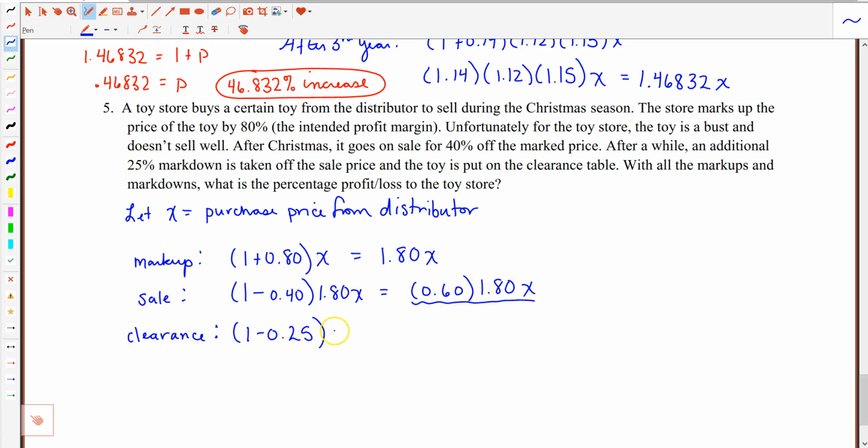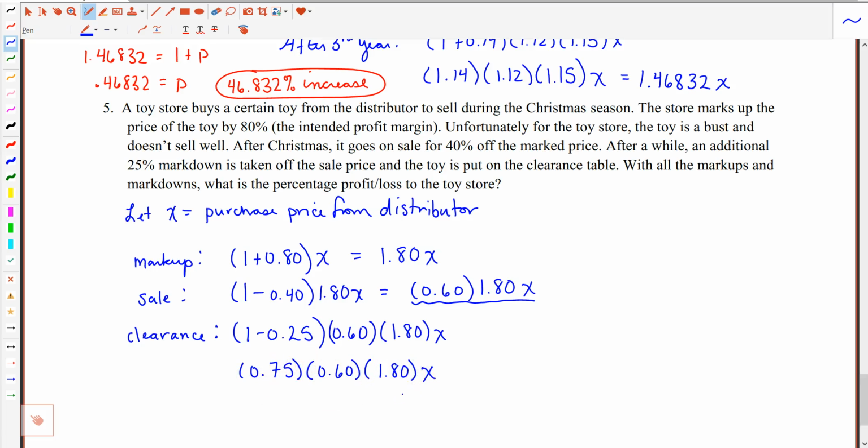The sale price is represented by the expression 0.6 times 1.80x. So this gives me 0.75 times 0.60 times 1.80 times x. Now it's sitting on the clearance table, represented by this expression.